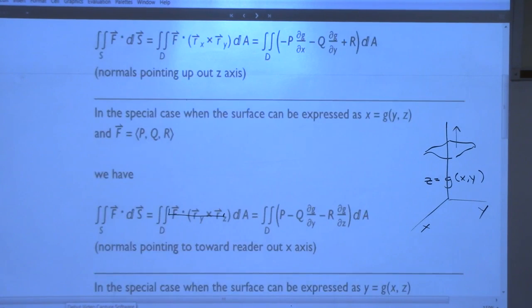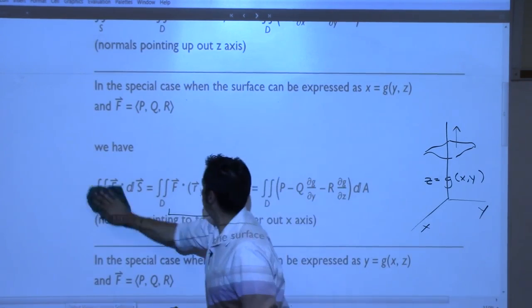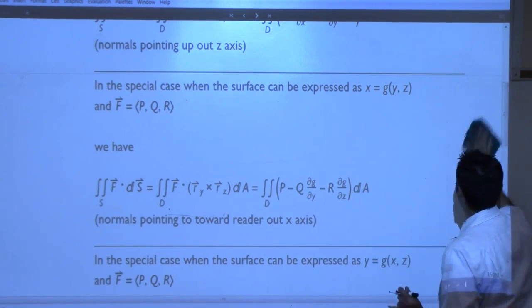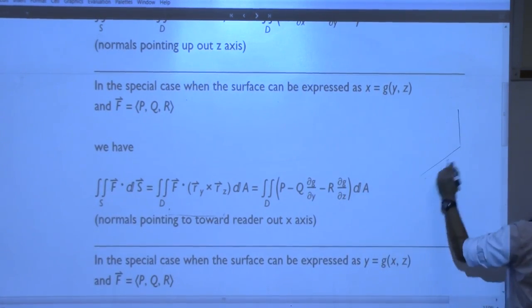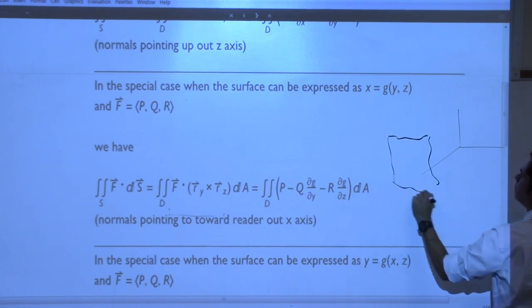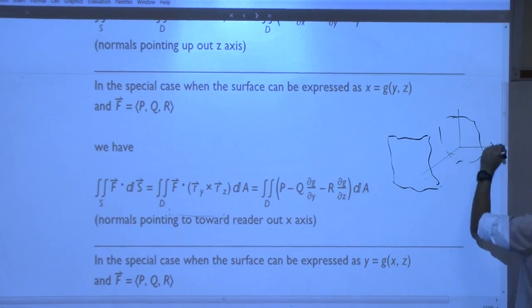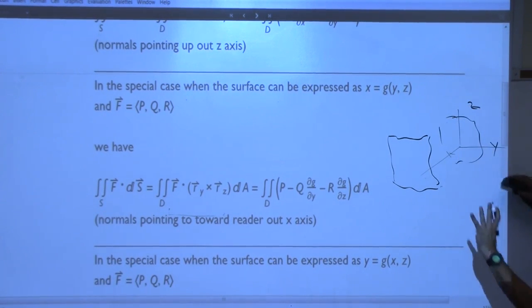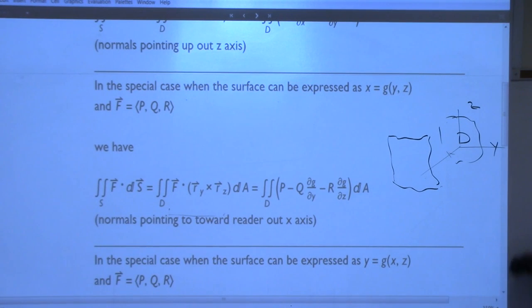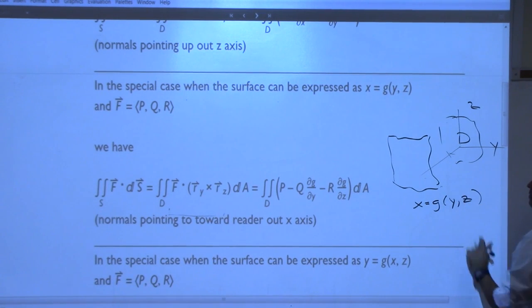Now, if we have a special case where our surface can be written as a function of y and z, so this time your surface is out here like this and your shadow is going to lie onto the yz plane. This is our domain on the ground. Then x is a function of y and z.